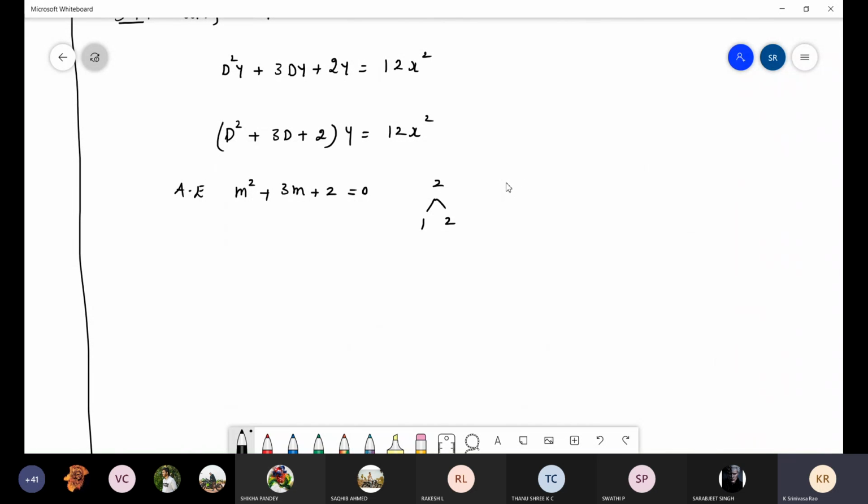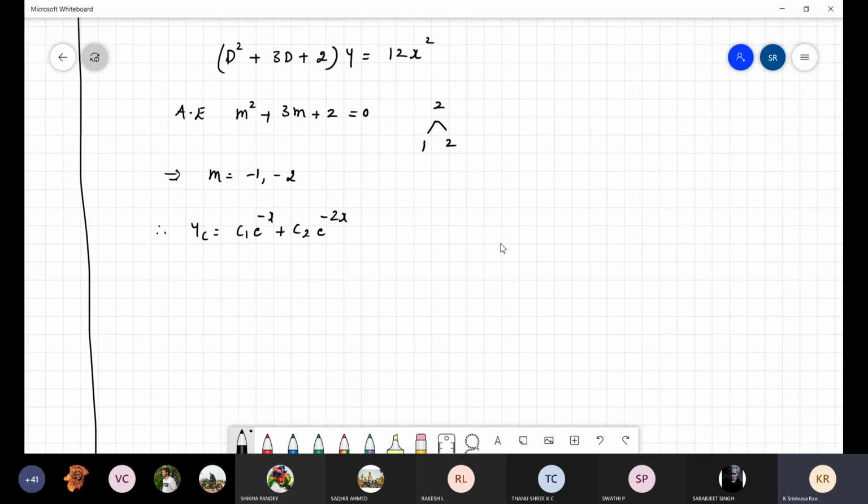So the roots are m equals -1, -2. Therefore yc equals c1 e power minus x plus c2 e power minus 2x. Because the roots are real and distinct, it comes under case 1.